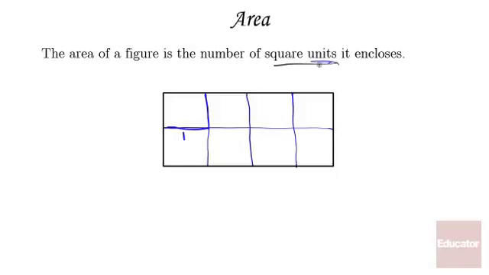Units can be centimeters, inches, whatever. The area of each square is 1 square unit. So how many square units are in this rectangle? 1, 2, 3, 4, 5, 6, 7, 8. So the area is 8 square units.